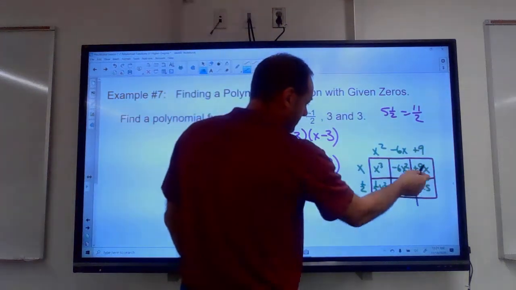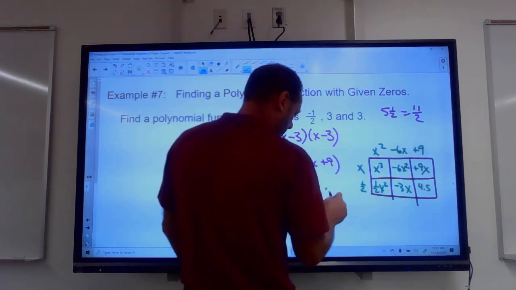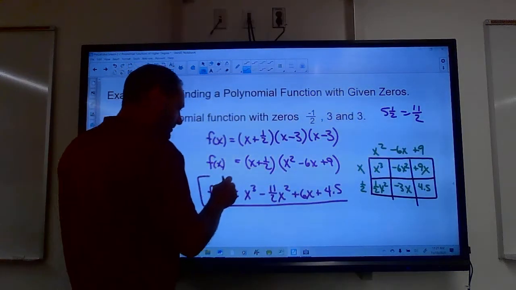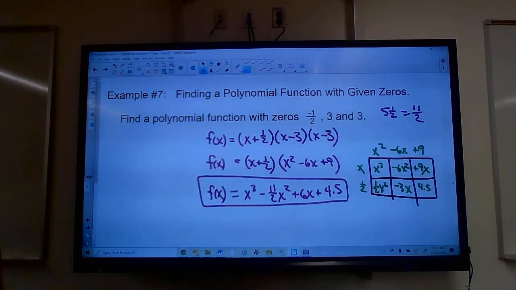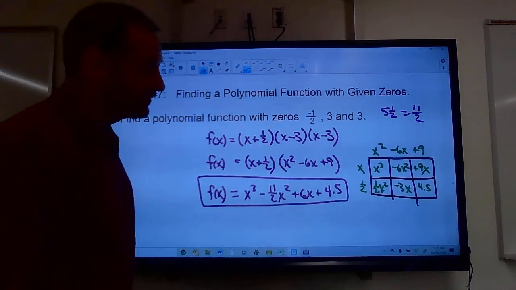And then I combine these two, that's going to be 6x and plus 4.5, which I don't normally use decimals, but in this case I will because it's a nice decimal. Okay, the higher you go in math, the more you use fractions, the less you use decimals. Just letting you know that.